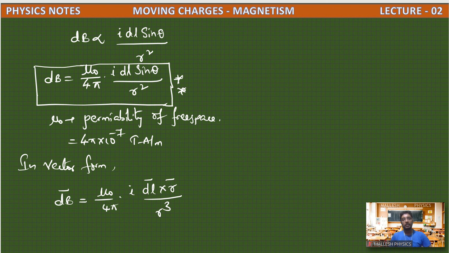So I will multiply and divide the main equation with r, so that we get dl r sin theta by r cube. So dl r sin theta can be written as dl vector cross r vector, since a vector cross b vector is equal to ab sin theta. Here dl vector cross r vector is equal to dl r sin theta. So we can write the equation in vector form.